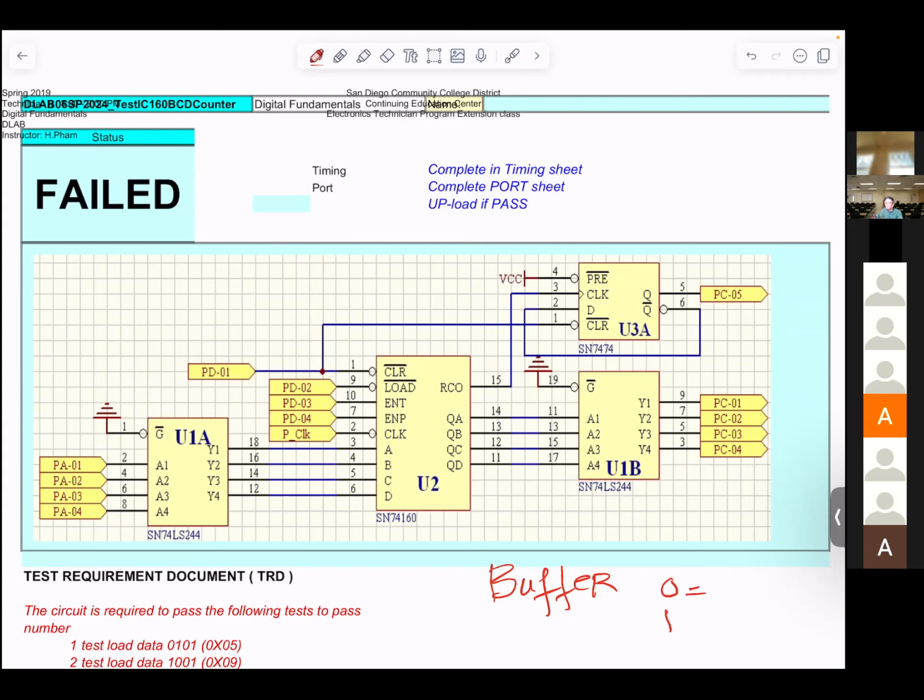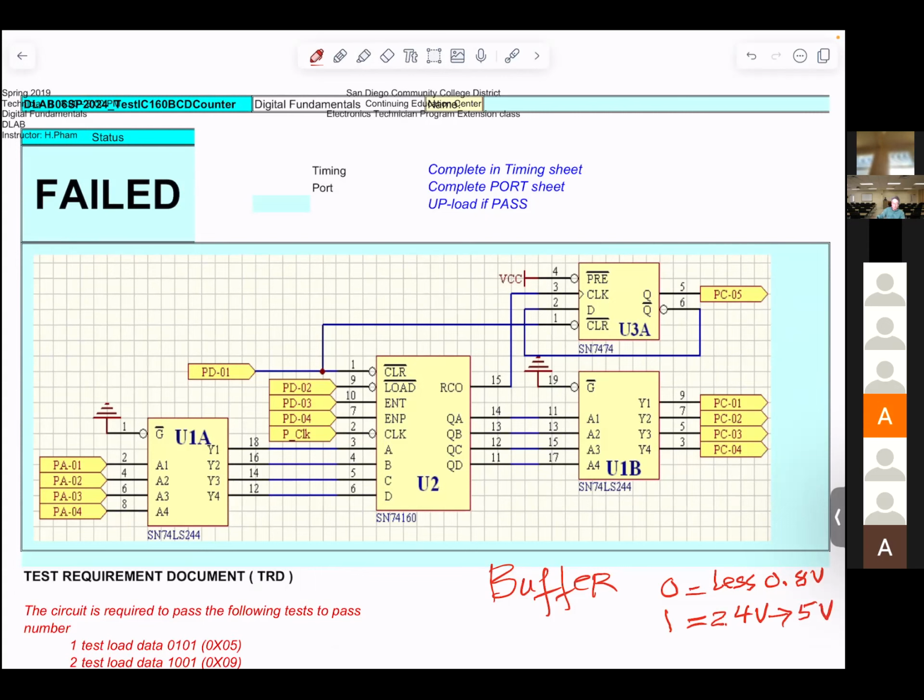Logic 0 means any voltage less than 0.8 volt. Logic 1 is any voltage from 2.4 volt to 5 volt.